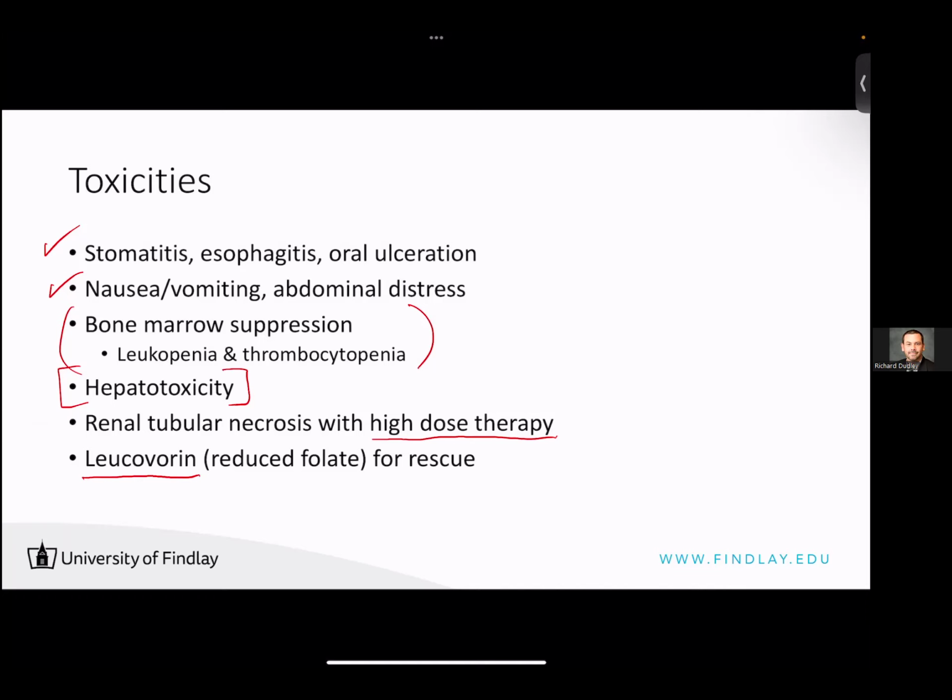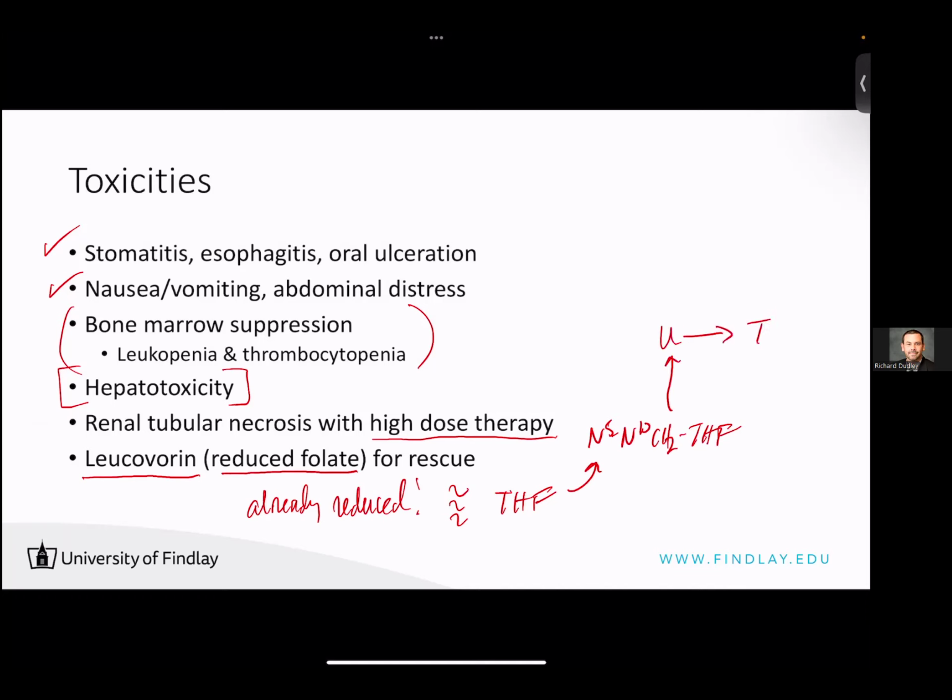Leucovorin itself is a reduced folic acid analog. This drug is already reduced. Okay, it's already equivalent to tetrahydrofolate. And as such, it can go on to N5,10-methylene tetrahydrofolate, which can then go on to help convert uridine to thymidine, which can then help to synthesize DNA.